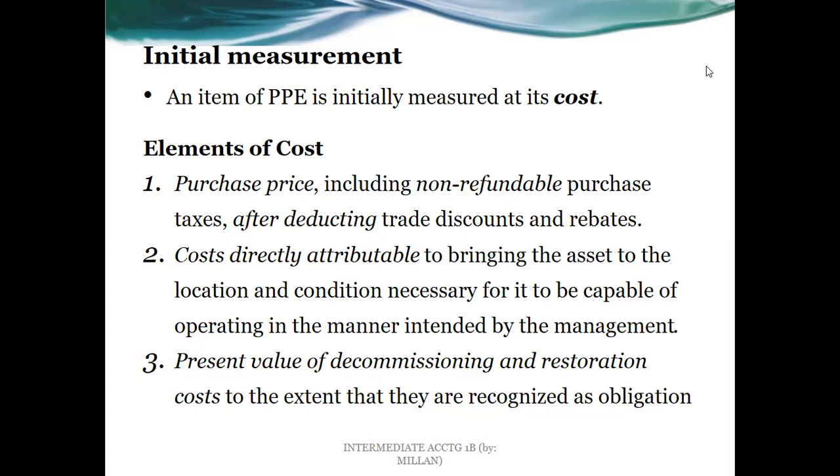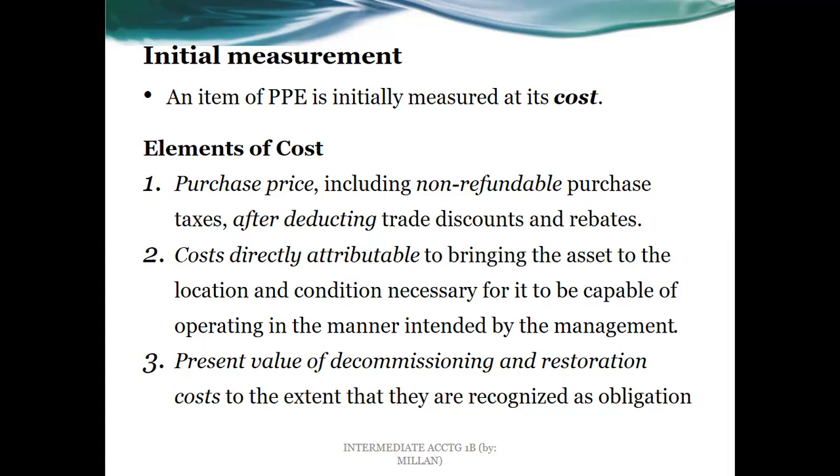And number three is present value of the commissioning and restoration costs. So example would be, let's say that the PPE item is going to be installed in a certain area, it will have to be attached there.